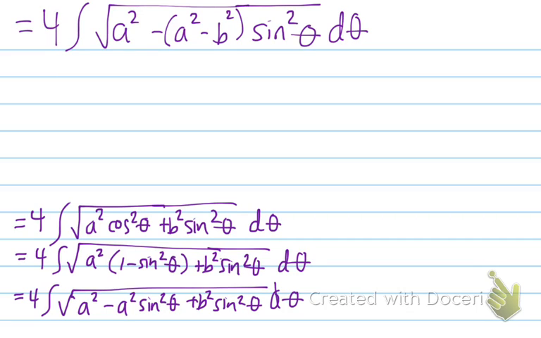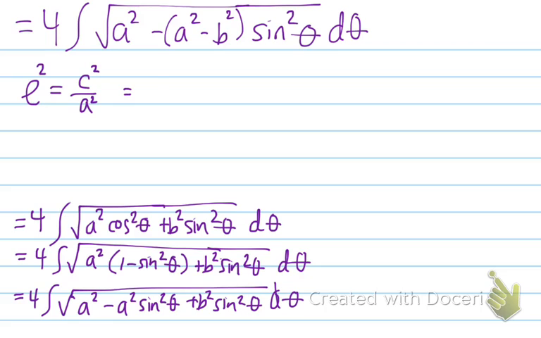And then last but not least, remember that we learned that e is equal to c over a. So therefore e squared is equal to c squared over a squared. And in this case, we know that c squared is equal to a squared minus b squared.